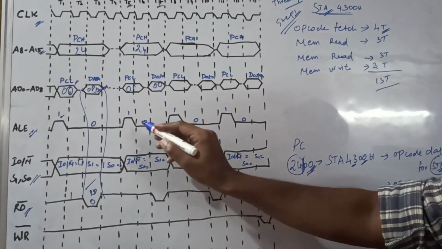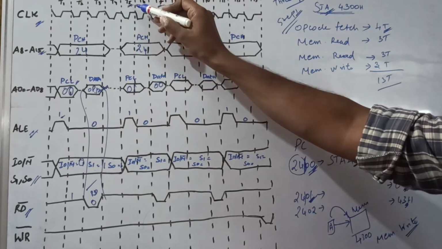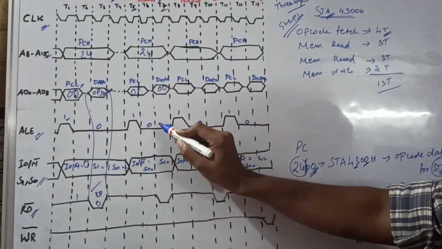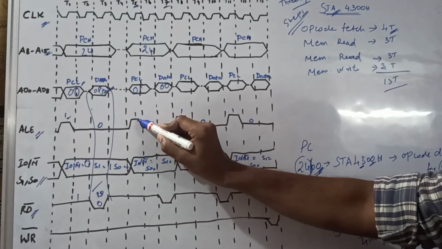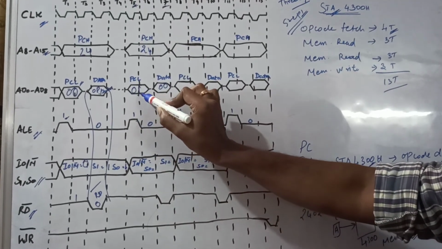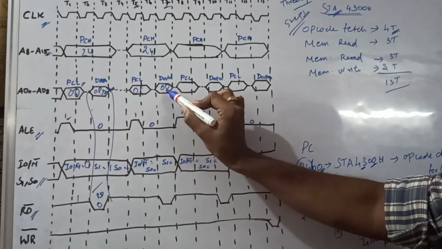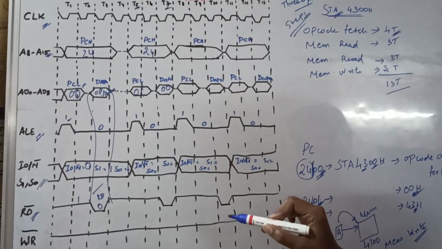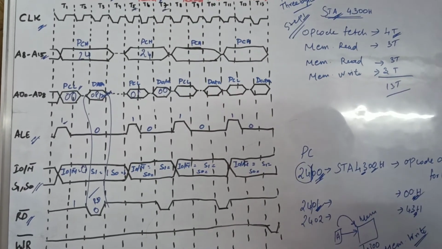Here also, at the starting of the time cycle only the ALE signal equals 1. The rest of the time it goes to 0. In this particular time you can read the program counter lower order address. Then in the T7 time cycle you can read the data for the corresponding memory location.